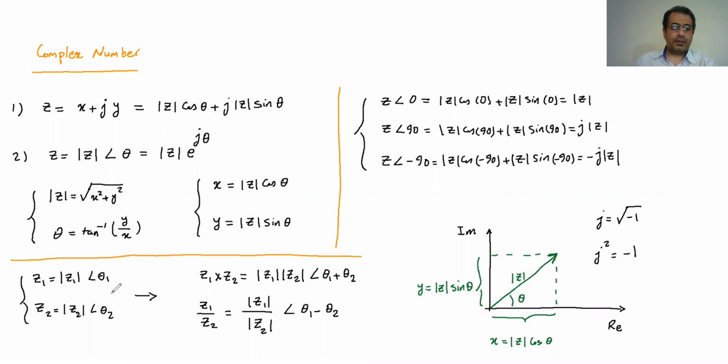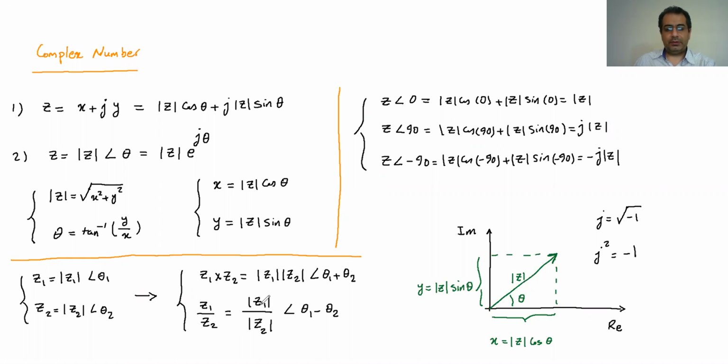Also, if I have z1 with the magnitude of z1 and angle of theta 1, and z2 with the magnitude of z2 and angle of theta 2, then if I multiply them, I multiply their magnitudes and add the angles.